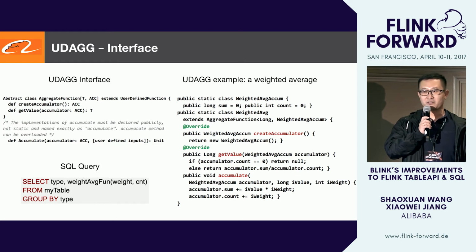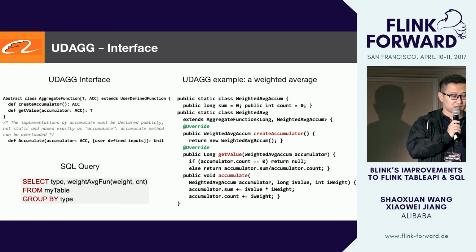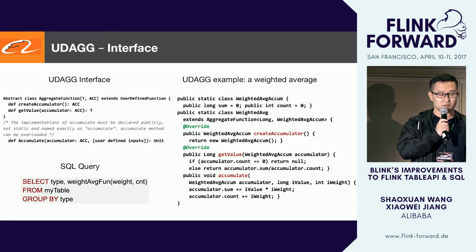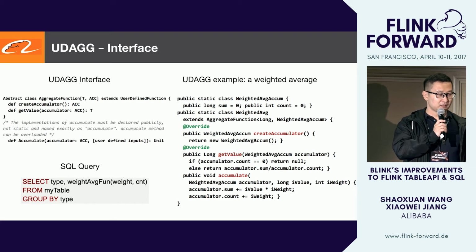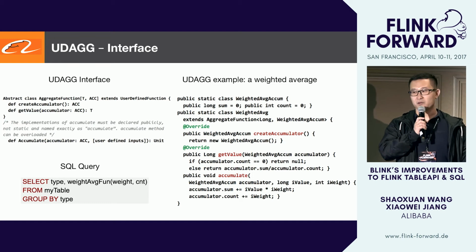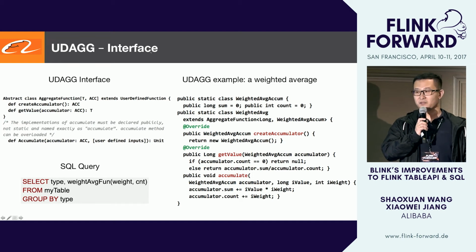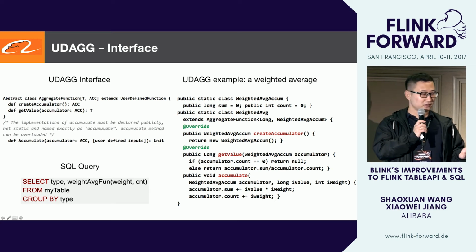So it's a contract function like the eval function for UDF and UDTF. With this interface, you can create a very simple aggregate called weighted average. Implement the three functions, then write a SQL query, and you will get the user-defined aggregation working. So good, now we have the user-defined aggregate.